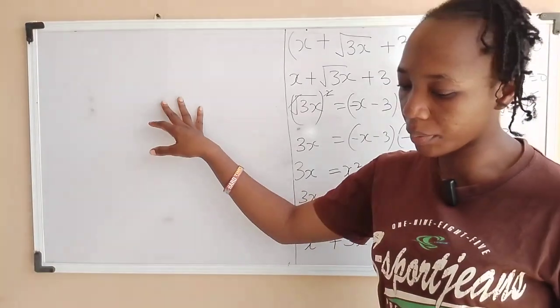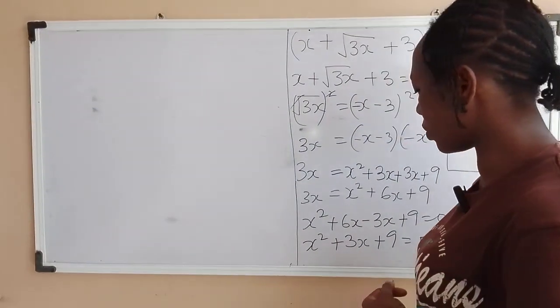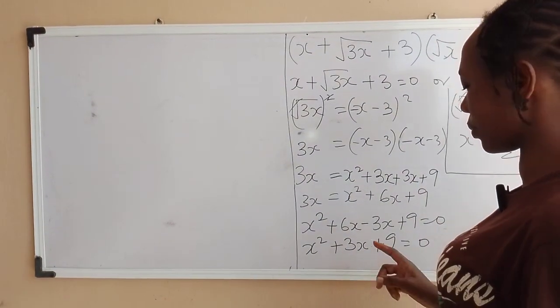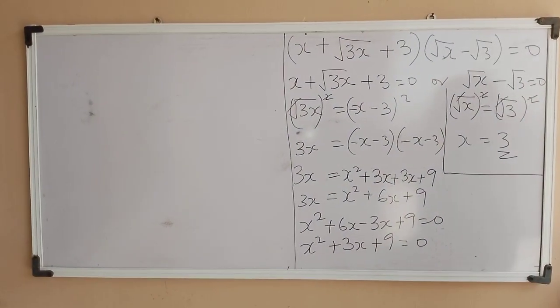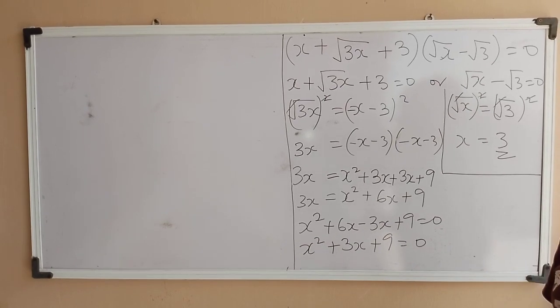So coming down here, I'm going to be using the almighty formula to solve this question, because if we use the normal method, you won't get the answer. You can never get the answer.